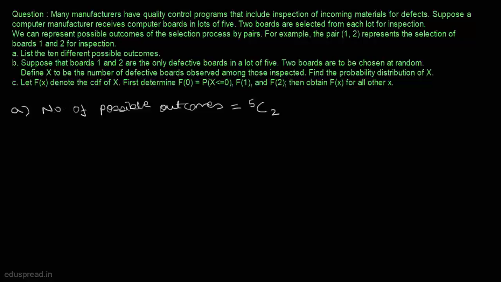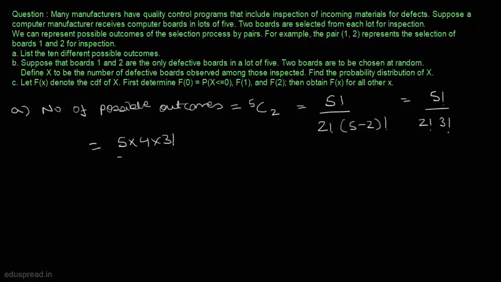This means that the number of possible outcomes is equal to 5 factorial divided by 2 factorial and (5 minus 2) factorial. So this is equal to 5 factorial divided by 2 factorial multiplied by 3 factorial. And this is equal to 5 into 4 into 3 factorial divided by 2 multiplied by 1 into 3 factorial. We can cancel these two and this is equal to 10.